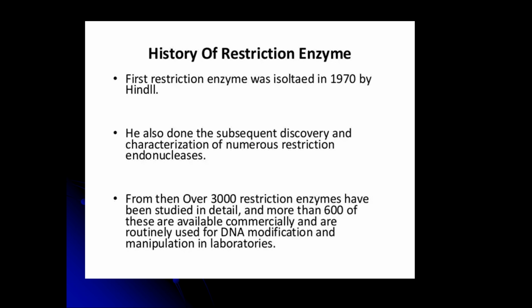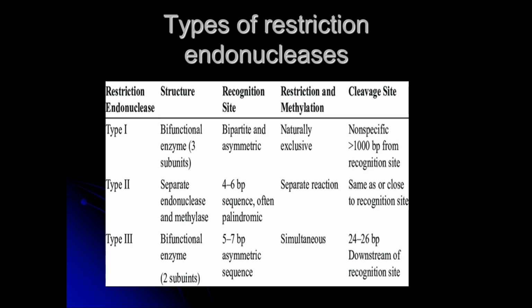Already I said that 3,000 restriction enzymes are now present, but 600 or more are available commercially and are routinely used for DNA modification and manipulation in the laboratory. There are three types of restriction endonucleases: type 1, type 2, and type 3.